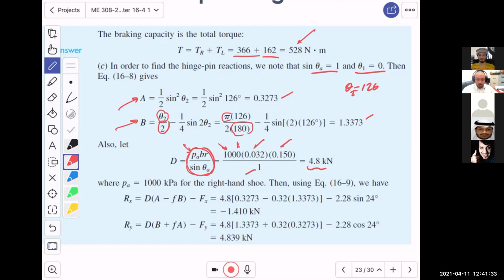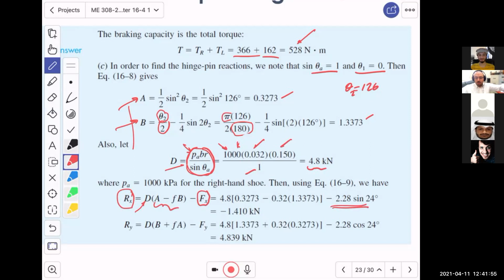Now, if I do this, now remember, all what I need to do is to go for Rx and multiply it by D, this factor, then A minus FB. And what? Minus Fx. And Fx is 2.28 sine 24.